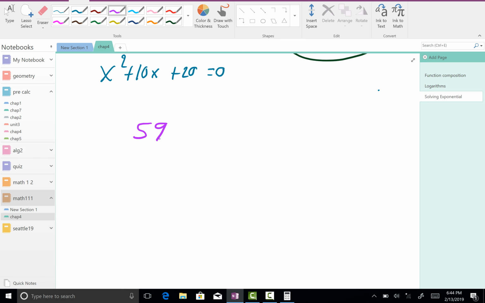I'm looking at it. If we take the log of both sides, that's not going to work because you can't distribute the log. You'd almost have to graph that one to get it.